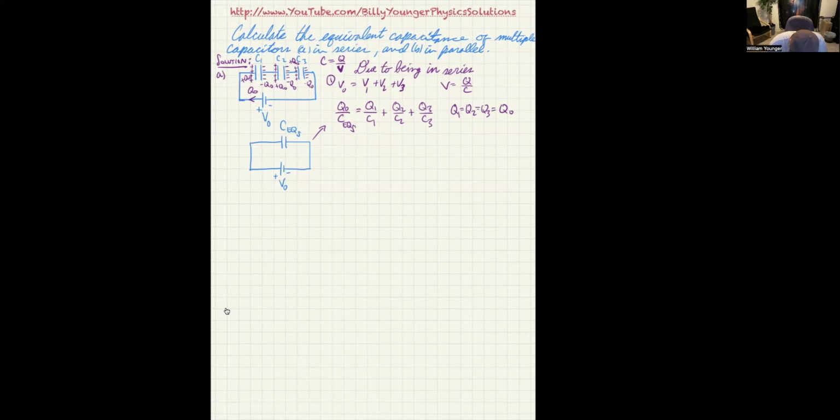And what we're left with is 1 over C equivalent in series is equal to 1 over C1 plus 1 over C2 plus 1 over C3. And just like I said before, we could have plus V4 plus V5 on up to Vn. So I can just say plus dot, dot, dot.